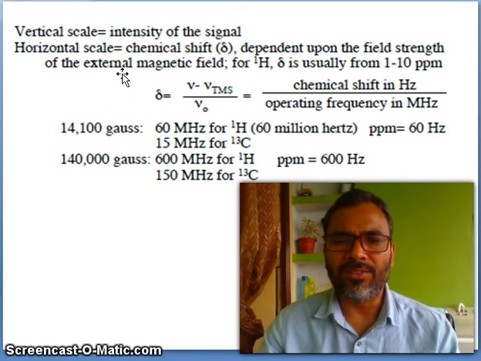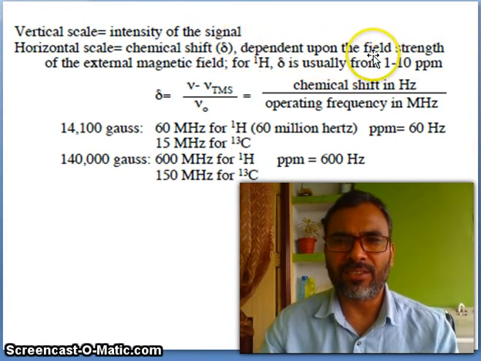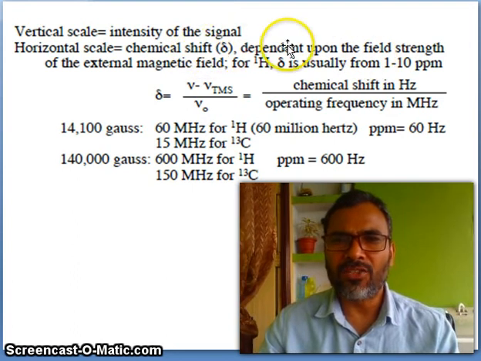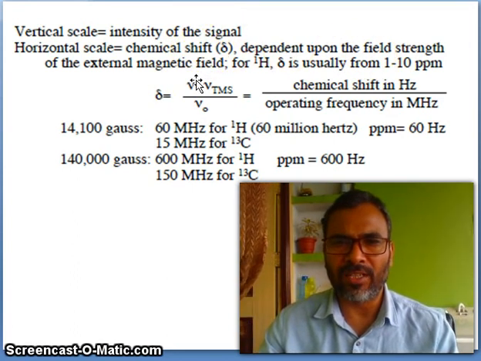and horizontal scale, chemical shift, delta, depends upon field strength. That is very important. Delta depends upon the field strength of the external magnetic field.